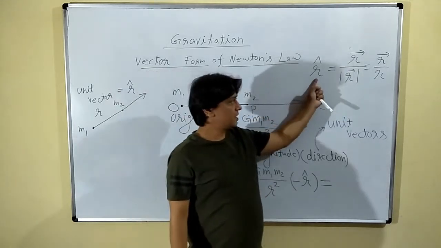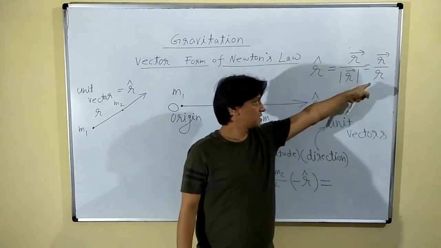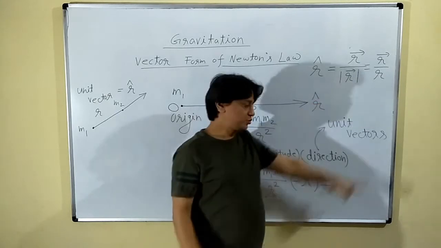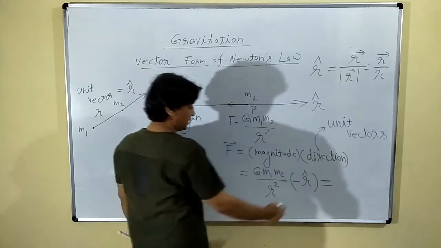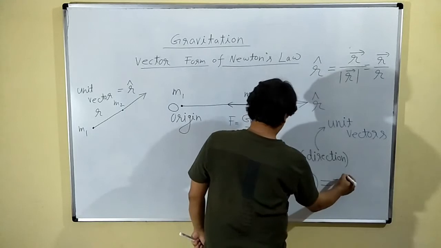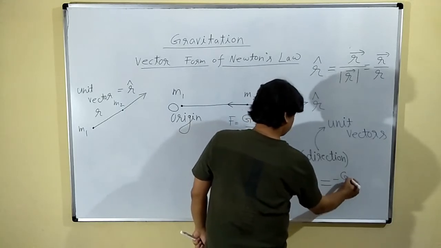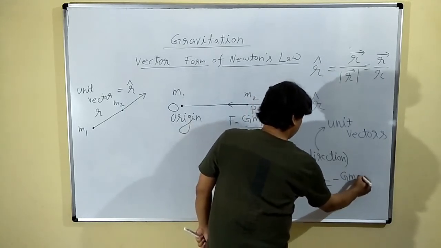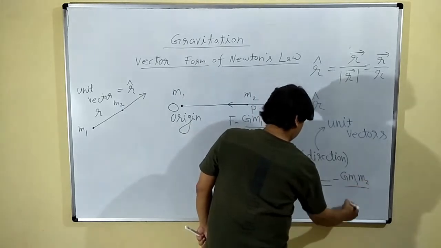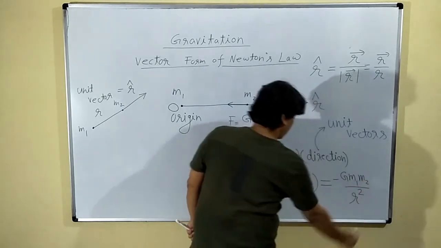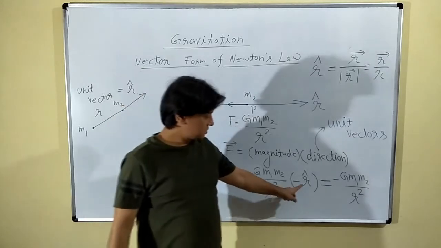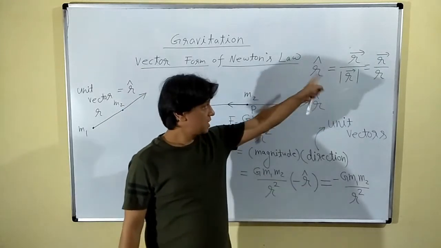And therefore r cap is r vector divided by r, which makes this whole thing something like this: minus of G m1 m2 upon r square. Now look at this, r cap. What is r cap?